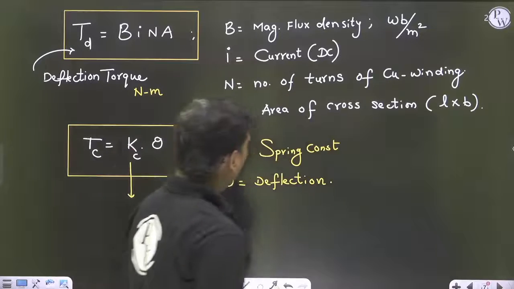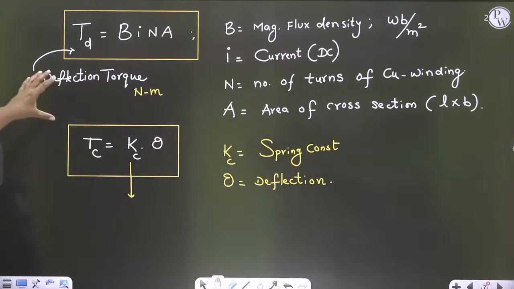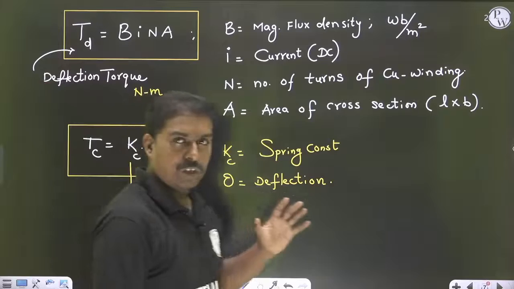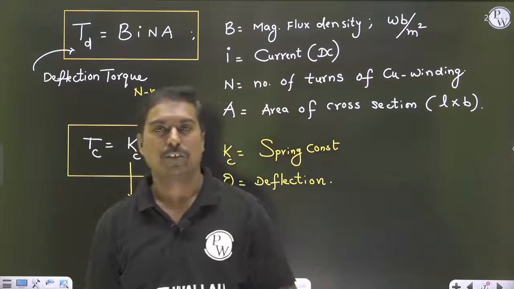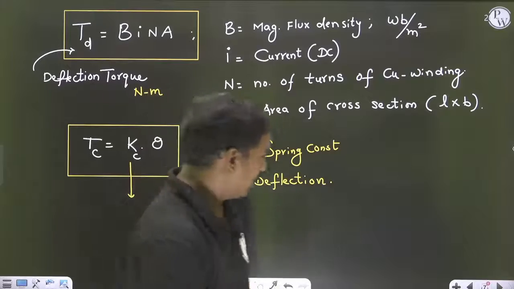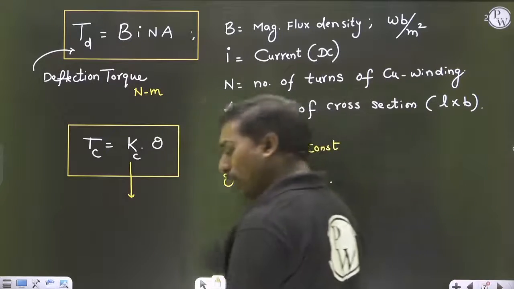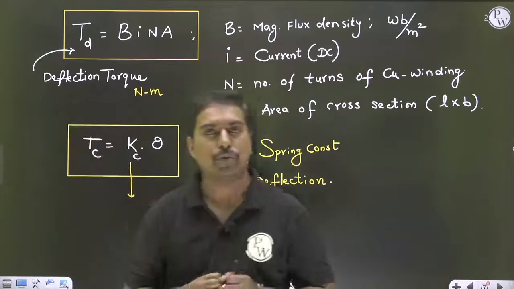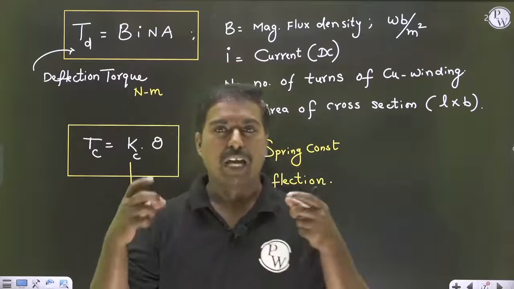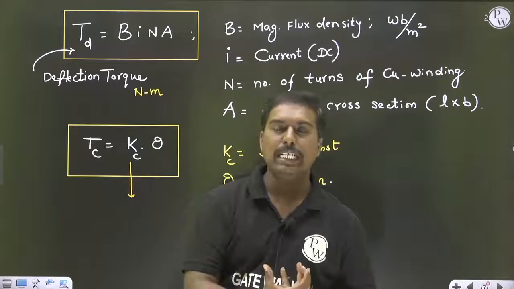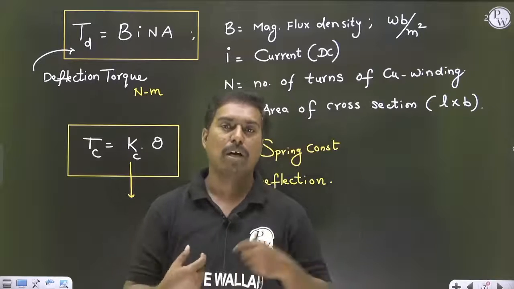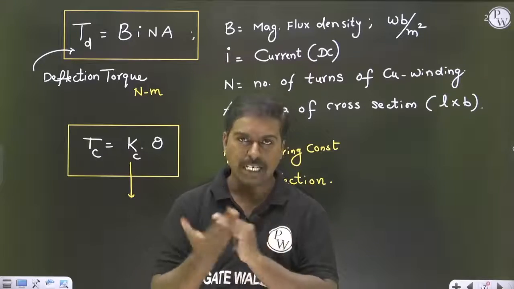So these are the points that you have to understand. The deflection torque expression we have given, the controlling torque expression you have to remember, and in the exam we are going to get questions on it. Basically, PMMC is a measuring instrument used for the DC supply, which has a permanent magnet, and inside it we have a copper winding. Because of the interaction of the current passing and the magnetic flux, there is a deflection.